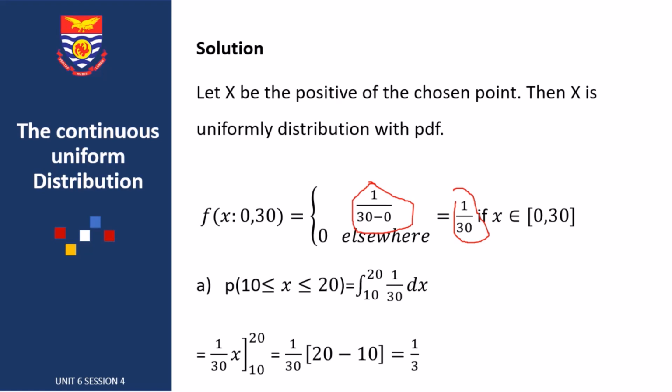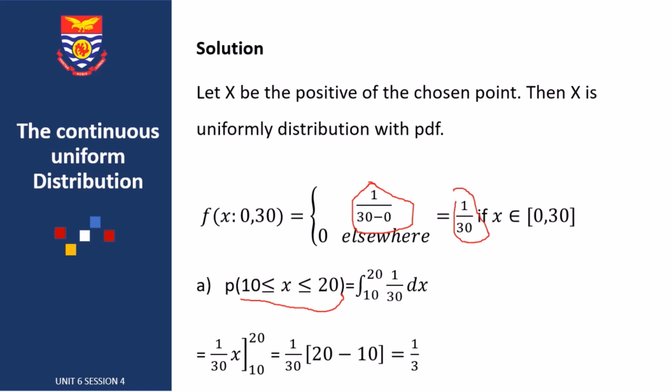Now, finding the probability of the point falling between 10 and 20, not 20 and 30 as I said earlier. The probability is between 10 and 20. Since it's a PDF, a continuous distribution, we apply integration. So we integrate the function 1 over 30 from 10 to 20 with respect to dx.